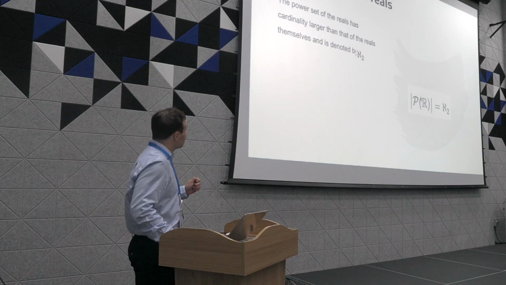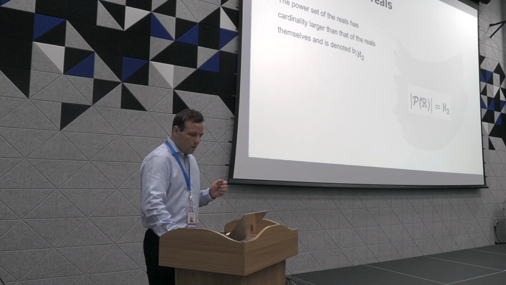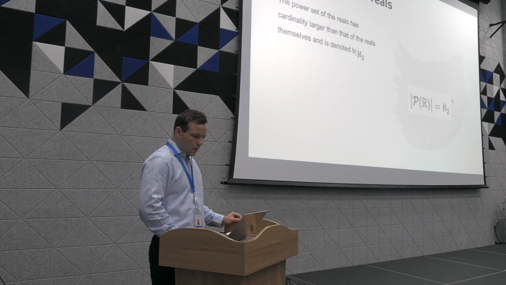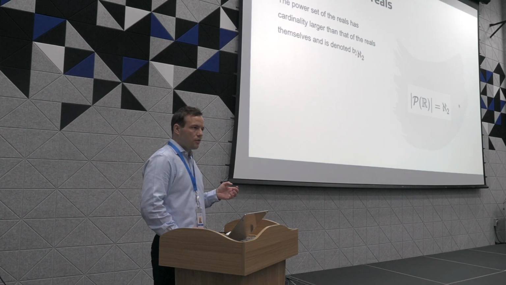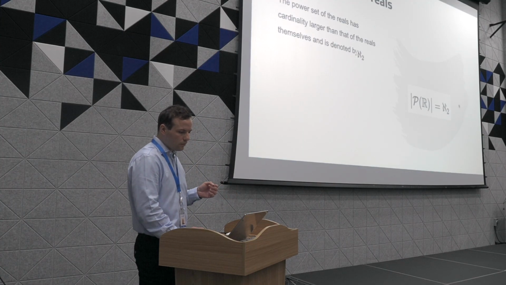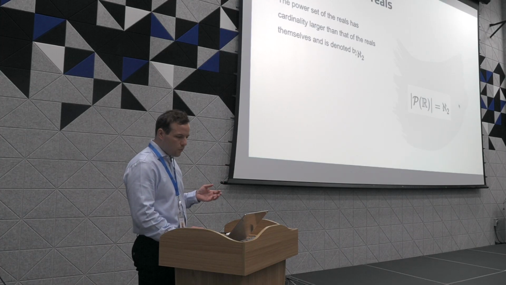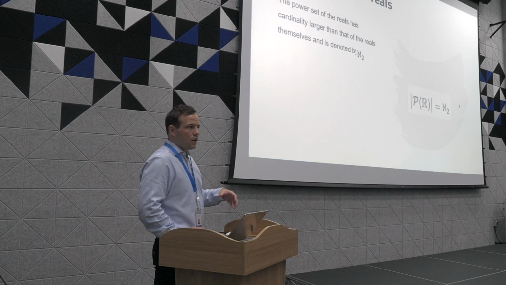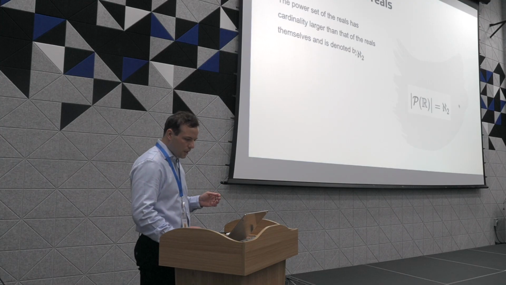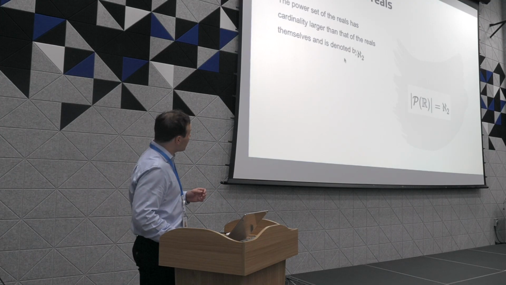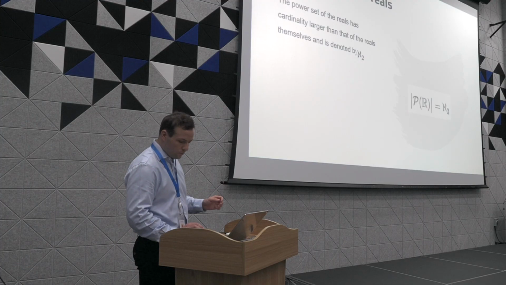However, it turns out that if we take a power set of the reals, we obtain another set of infinite cardinality, but one that is not equal to ℵ0 or ℵ1. It's again another larger infinity, labelled really imaginatively ℵ2.